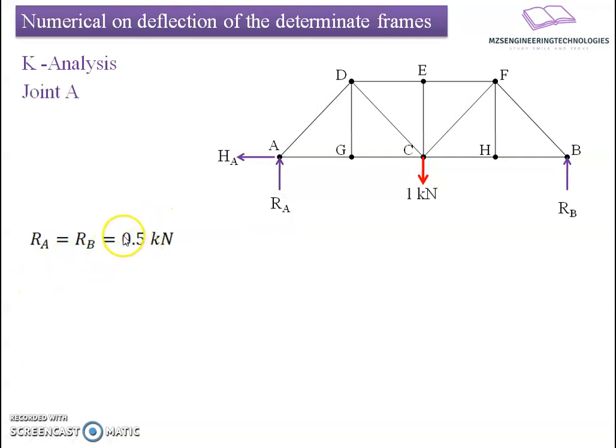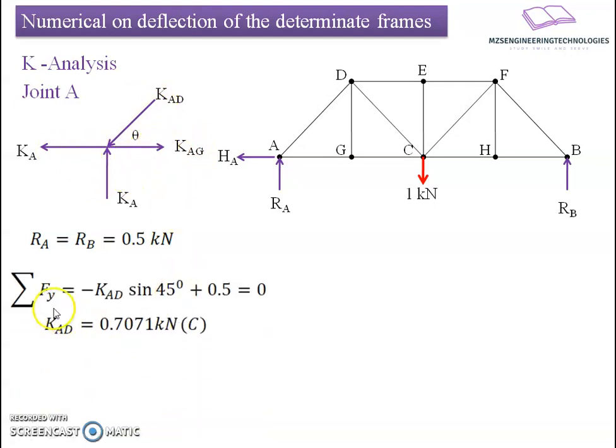Now I will start the joint by joint analysis to know the coefficient of the unit force distribution. If I take the free body diagram of joint A, we will have RA and HA. Here KAD is the member force from member AD going downward, compressive in nature, and KAG I am considering as tensile to counterbalance the applied forces.